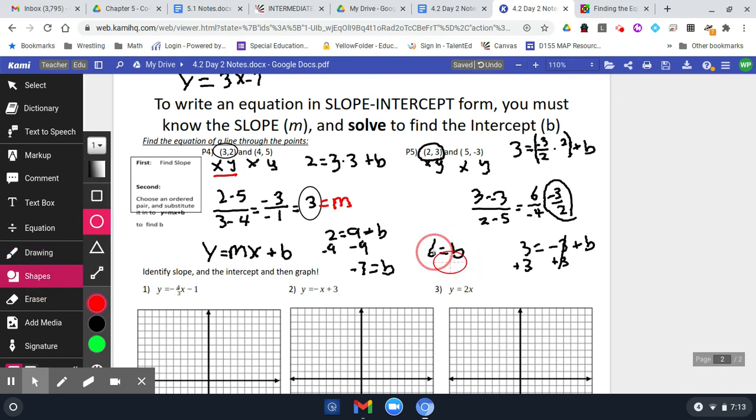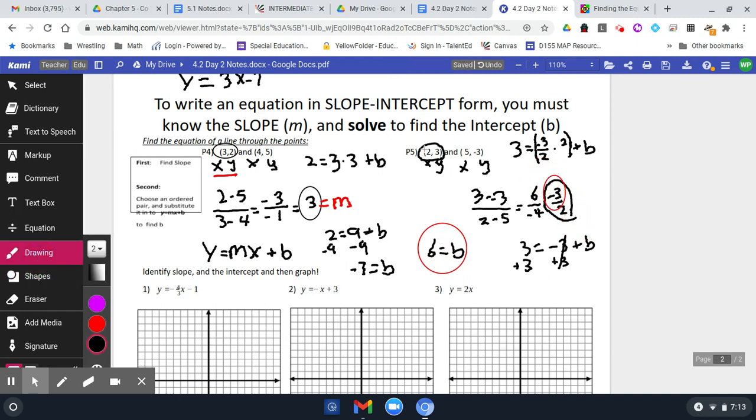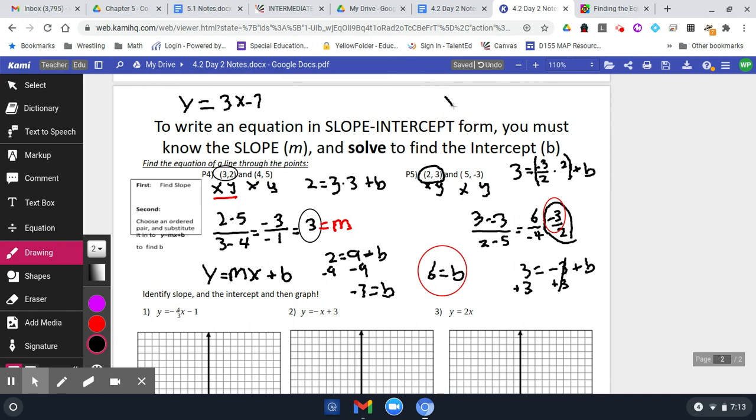So now we're going to take this, and we're going to take this, and we're going to put those into our original formula, which I did up here again. It's y equals negative 3 over 2 x plus 6. All right, so that's putting everything we know together.